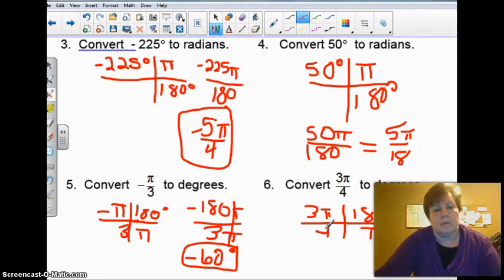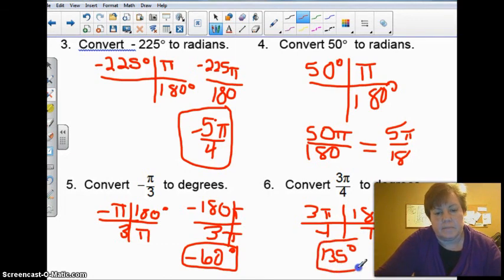Okay, so it's going to take a little judicious, not writing out so much. 3 times 180 divided by 4 is 135. And then we have pi divided by pi, so it's just going to be 135 degrees. Okay, so that's it for converting.